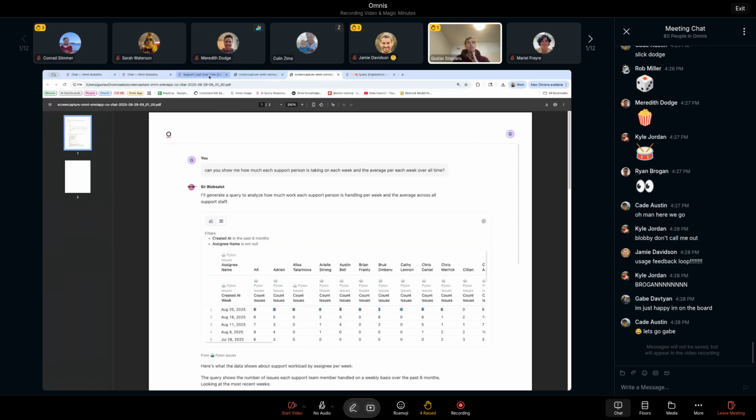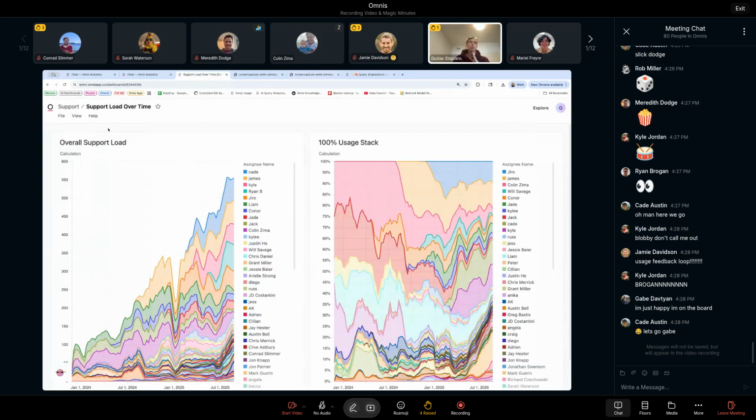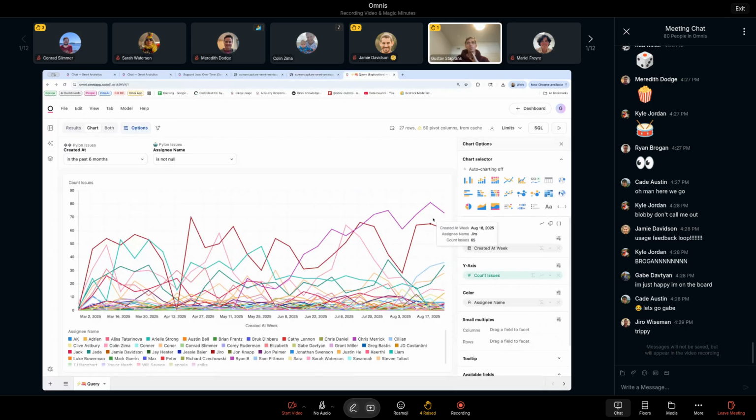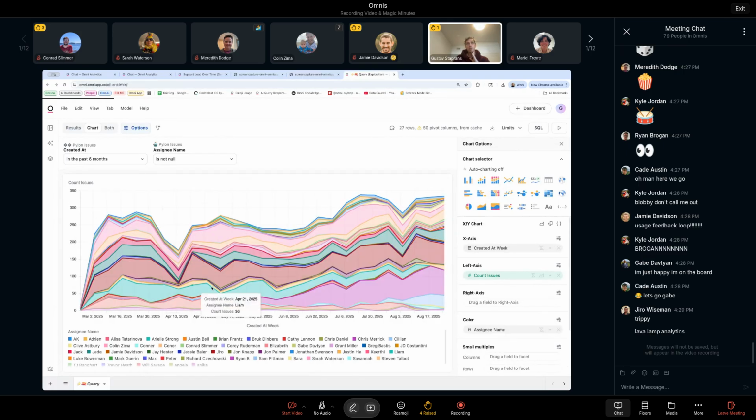And the place that it got this result from was we have a support load dashboard here, which produces this chart here. And so if I were to click explore from here on this generated chart, I would have gotten to this page. And then if I turn it into a stack chart, it would look something like this.